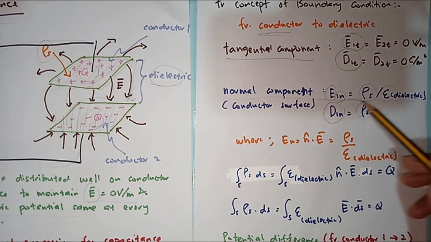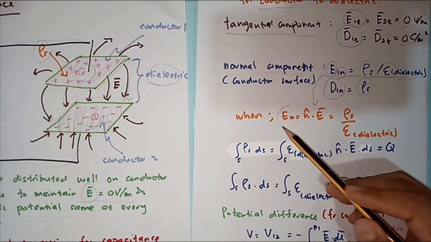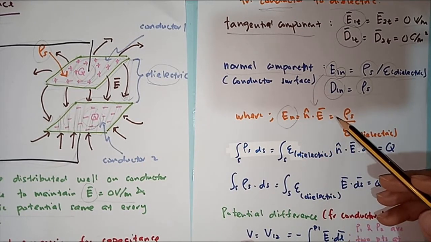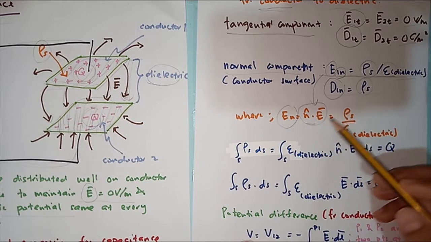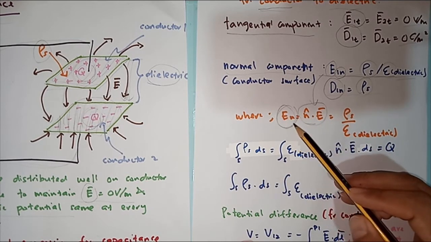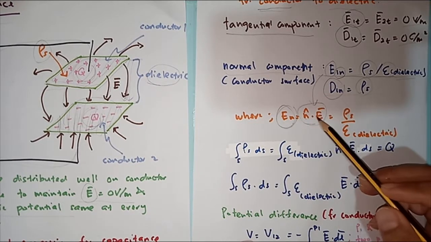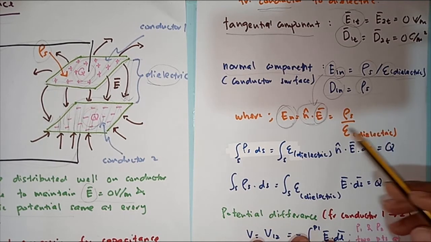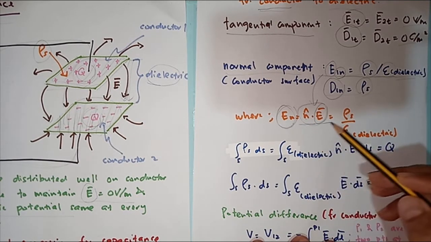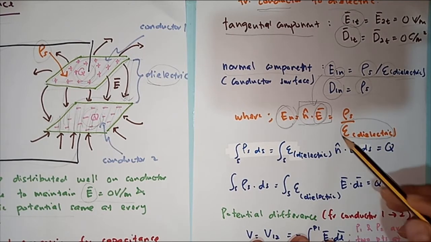By referring to this expression, the normal component of the electric field intensity is equal to n cap dot the vector of electric field intensity, and this value is equal to rho s divided by epsilon.